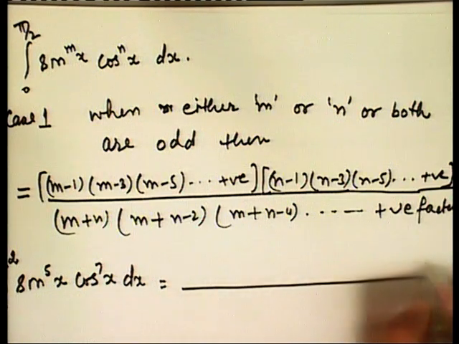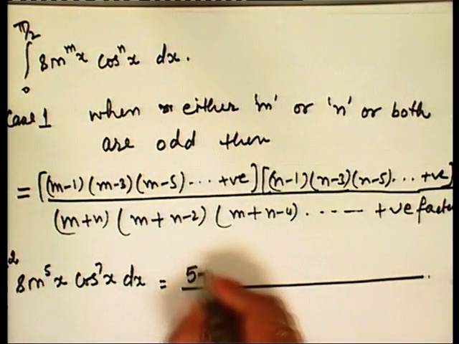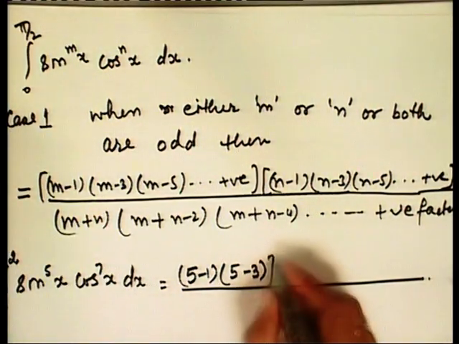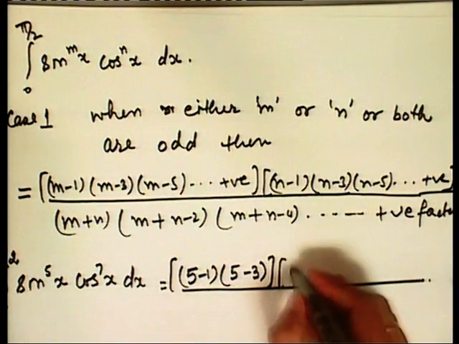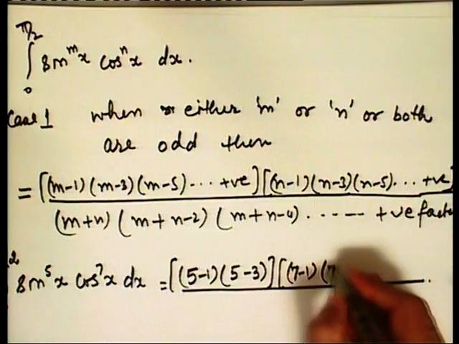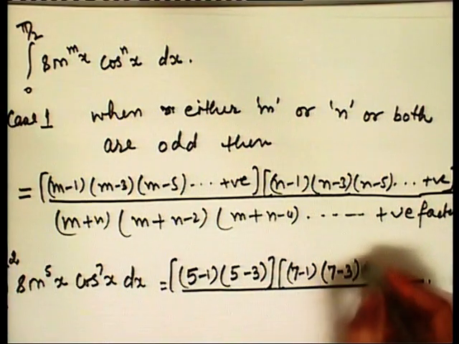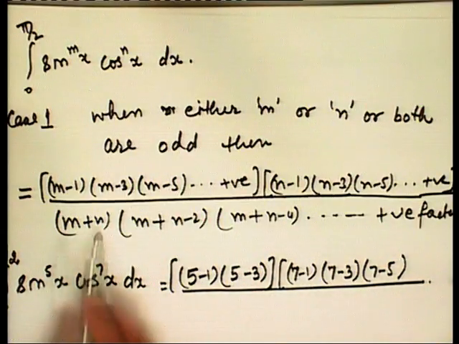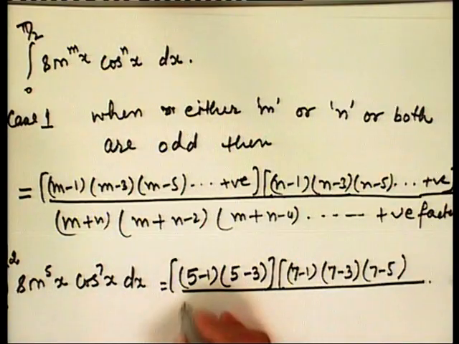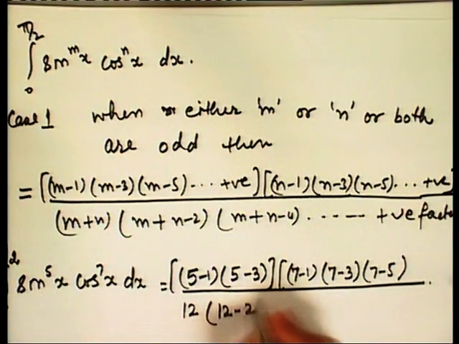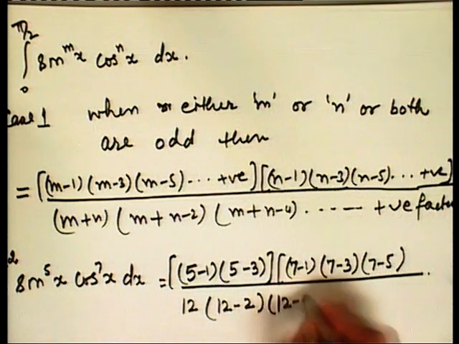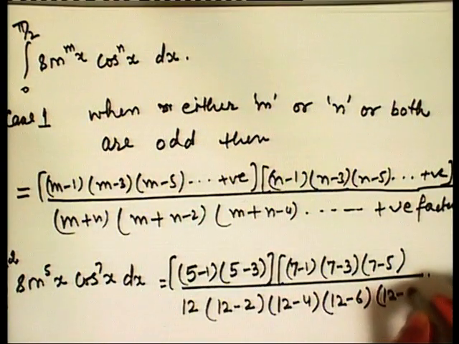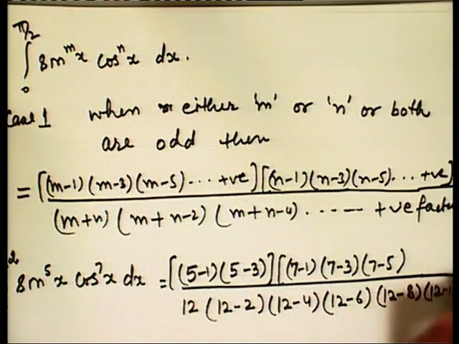Applying the formula, we get 5 minus 1, 5 minus 3 and 7 minus 1, 7 minus 3, 7 minus 5, and in the denominator m plus n, 5 plus 7 means 12, 12 minus 2, 12 minus 4, 12 minus 6, 12 minus 8 and 12 minus 10.